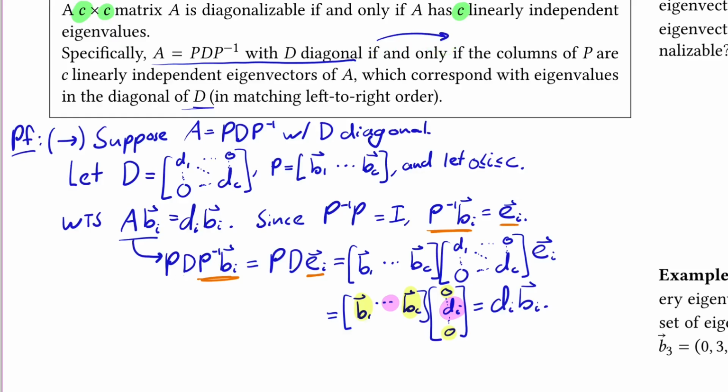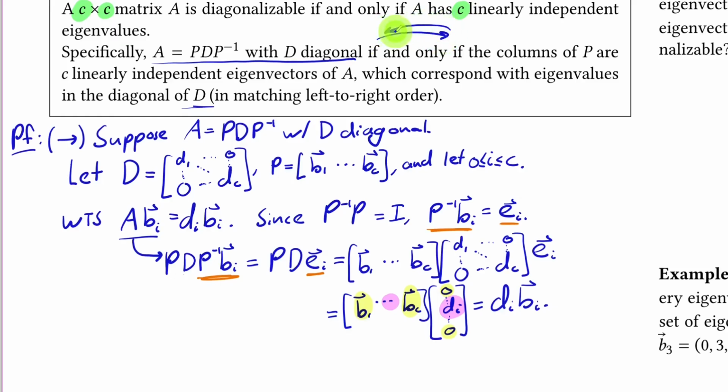So that's the only if part. Now we need to show the if part, that if the columns of P are C linearly independent eigenvectors of A, which correspond with the eigenvalues that are in the diagonal of D, then A is going to be equal to P D P inverse.